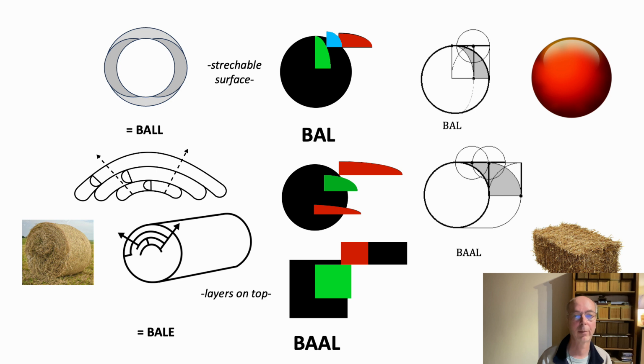So this red part on top is more like, yeah, I can stretch it still a little bit, and we still have a BAL there, while the BAL is more about putting things on top of each other, not just as bricks on top of each other, it's also the building up of pressure, the pressure of the hay which is inside it. So the form in that way fits. Anyhow, if it is a wheel or it's not a wheel, it's still the same thing. The idea behind it is the same thing.